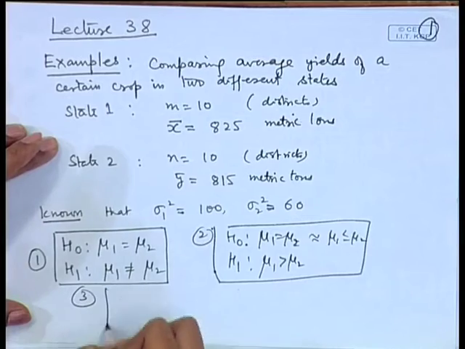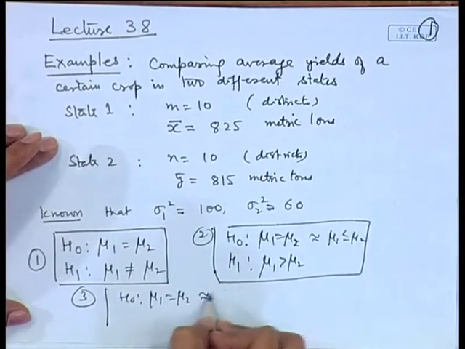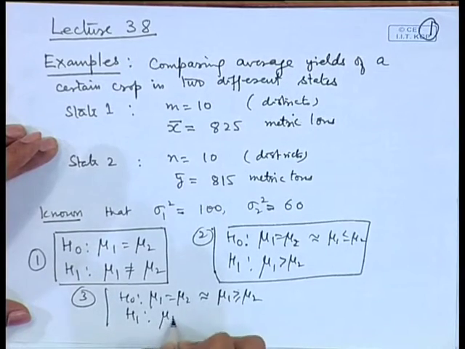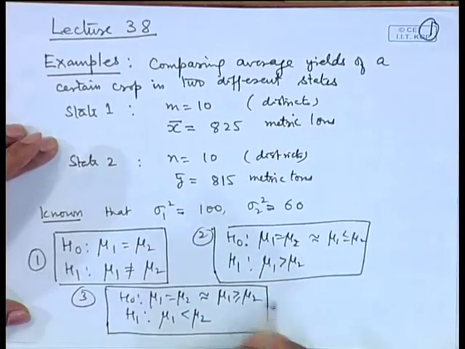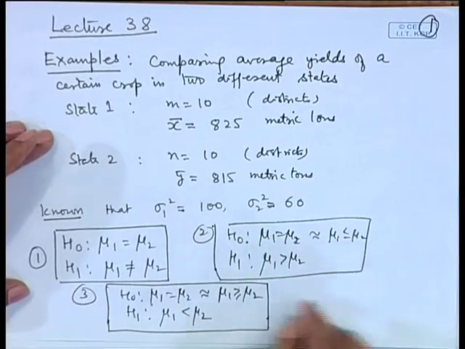And a third one will be H naught: mu 1 is equal to mu 2, equivalent to mu 1 greater than or equal to mu 2, against H1: mu 1 is less than mu 2. I will refer to these as hypothesis problems 1, 2 and 3.